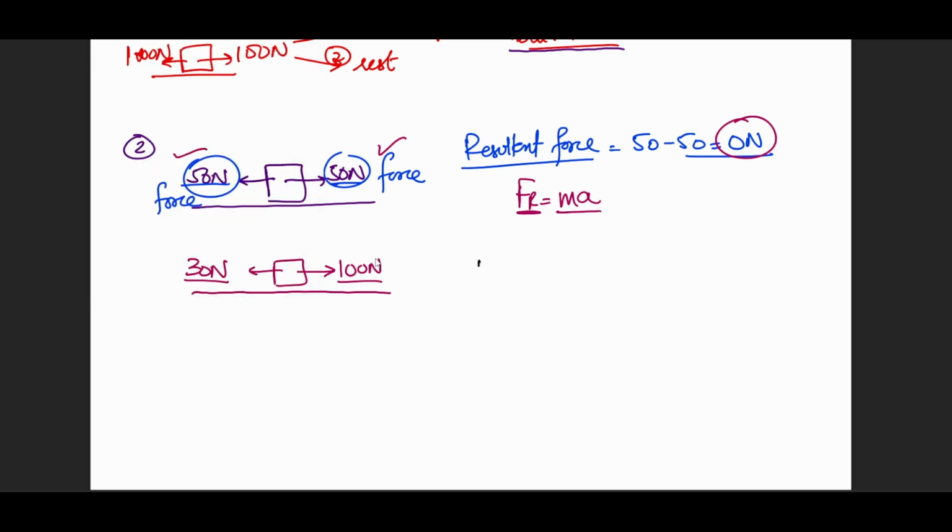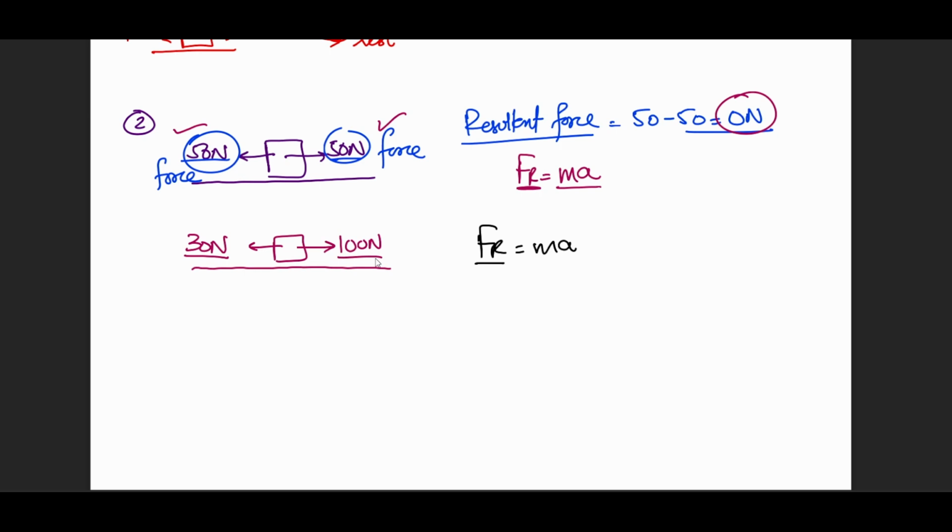But when we talk about the resultant force, Fr equals ma, in Fr you're already doing that mentally, that you're subtracting 30 from 100 because they are in opposite directions. So 100 minus 30 gives us 70 equals ma. Now this 70 becomes the resultant force. This is not just a force, this will be referred to as a resultant force.